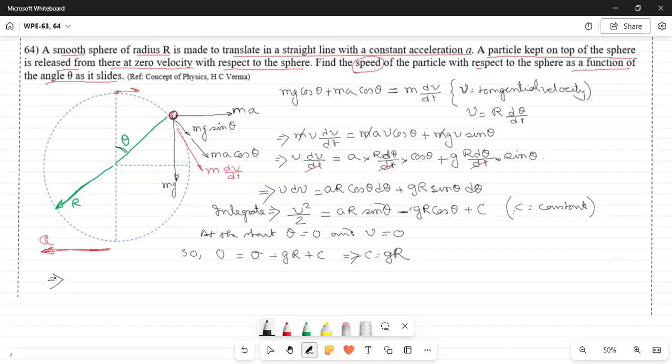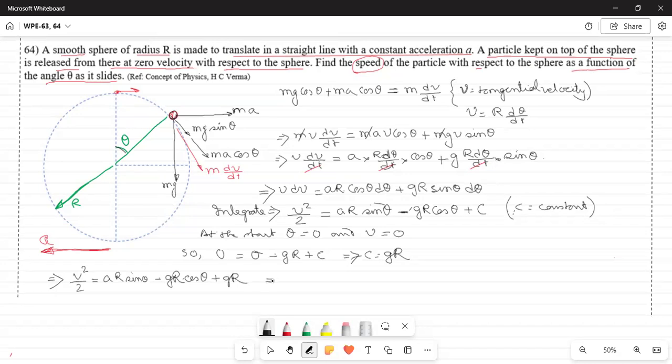Then putting the value of C in the main equation, what we find? V square by 2 is equal to AR sin theta minus GR cos theta, and C is equal to GR, plus GR.